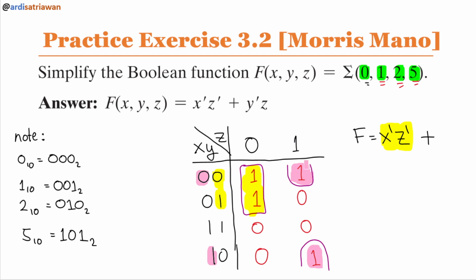So that means that the pink one does not depend on x. We only care about y and z. The y here is 0 and 0, so we need to put the prime here. And the z is 1, so we don't need to put the prime here. So that is from the pink part.